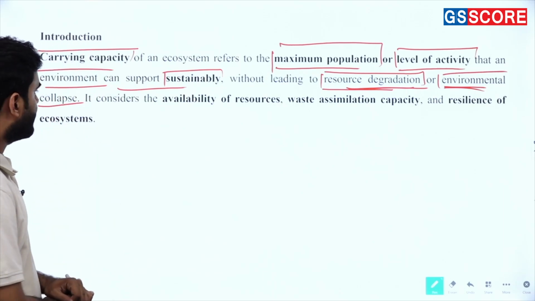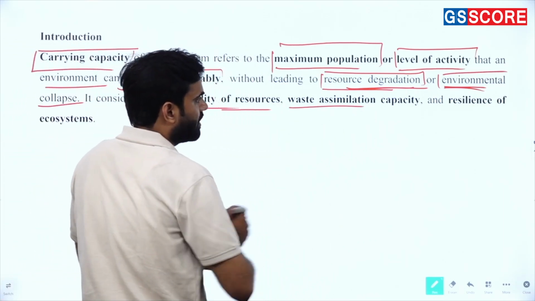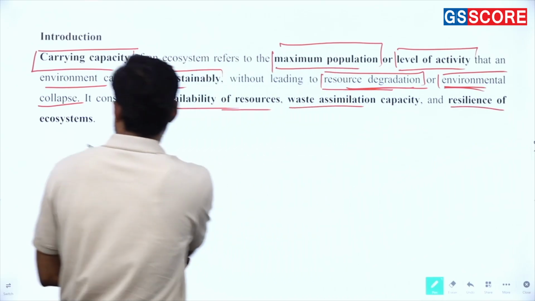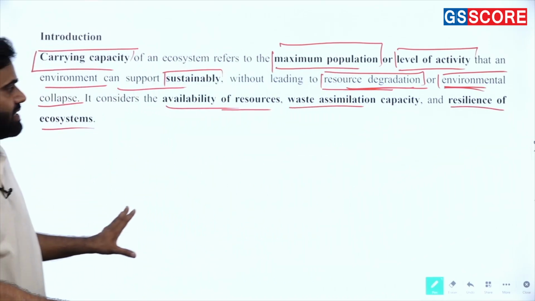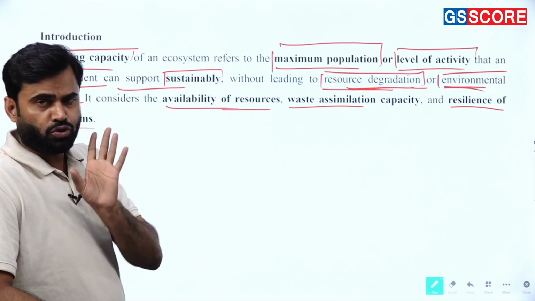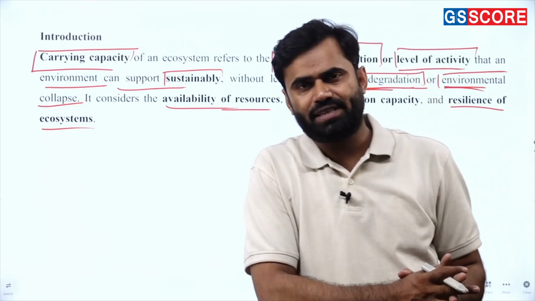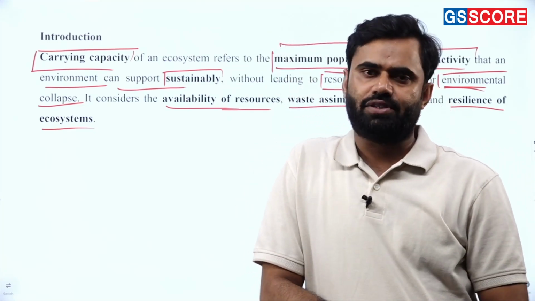In the 3rd line, it considers the availability of resources, waste assimilation capacity, and resilience of the ecosystem. Generally, it is considered on the basis of these important words I added. So you will find that in just 3 lines, I wisely chose the maximum important words in my introduction.